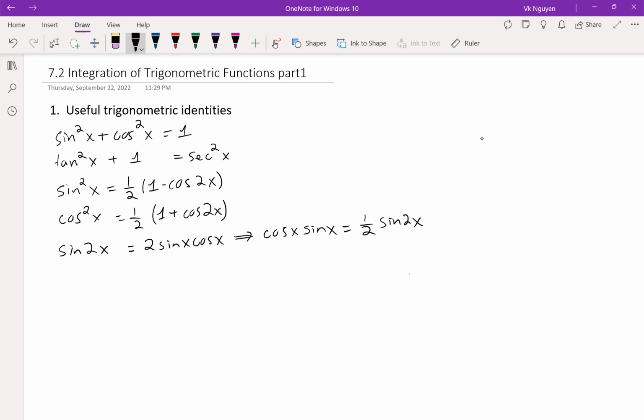We have a general identity for sine A cosine B. Sine A cosine B, in general, will be half of sine (A minus B) plus sine (A plus B).